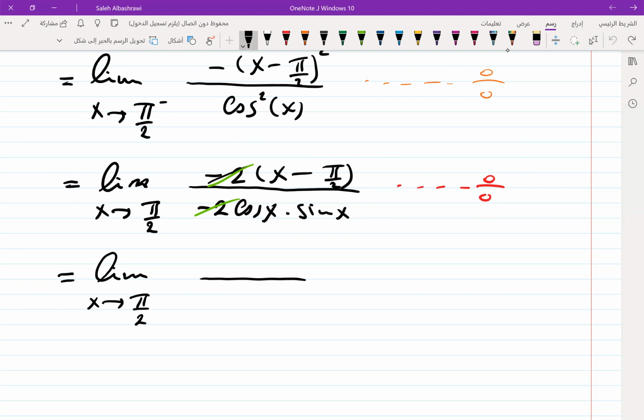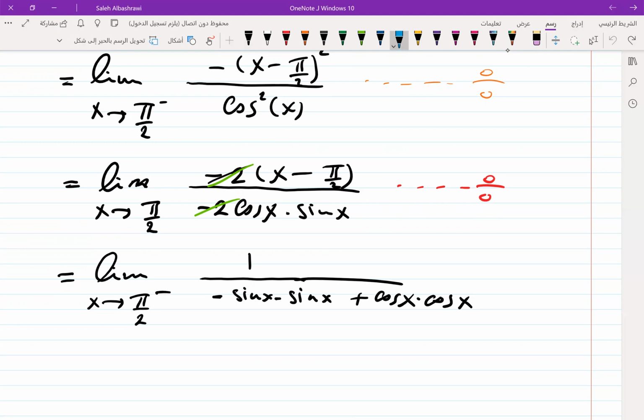For the numerator, I will have 1. For the denominator, it is a product of cosine and sine, so the derivative will be: the derivative of cosine is minus sine, which is sine x multiplied by sine x, plus sine x times cosine x, as x goes to pi over 2 from the left.